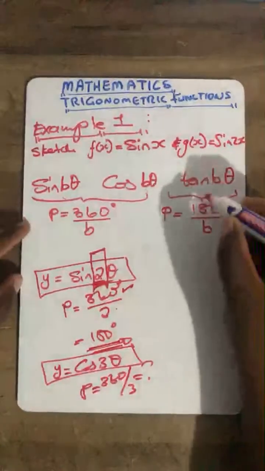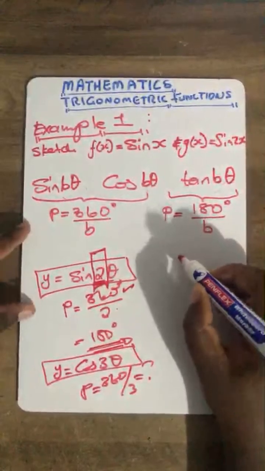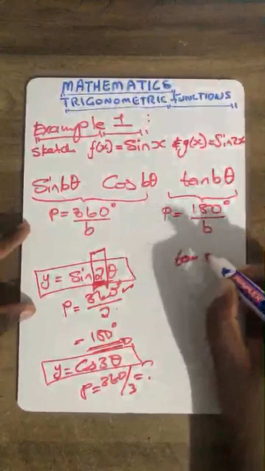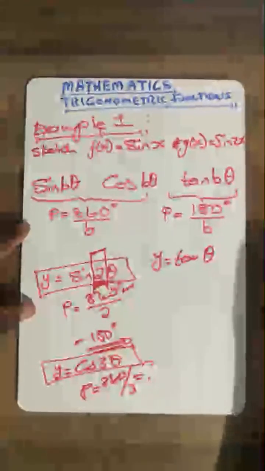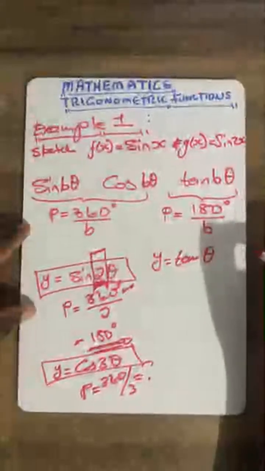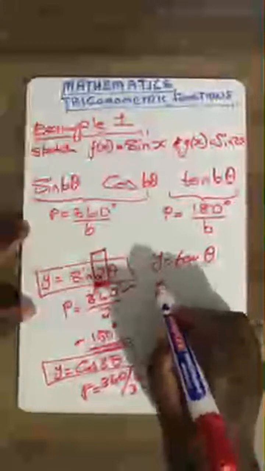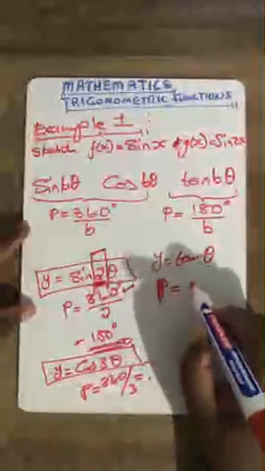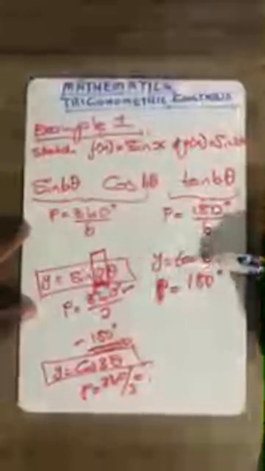But when it comes to the function of tan, if you have y equals to tan of an angle, and the question is, what is the period of that function? You will need to say the period is equal to, we know that it is 180 degrees. But now, what is the b value there?